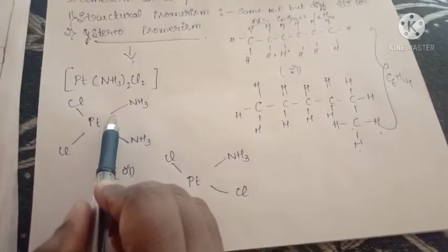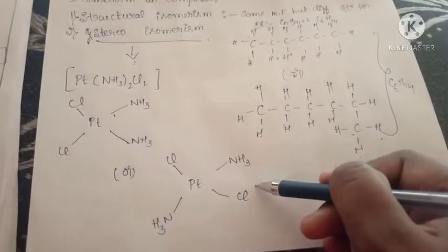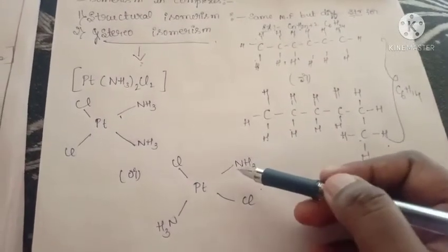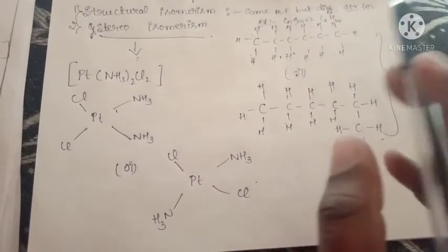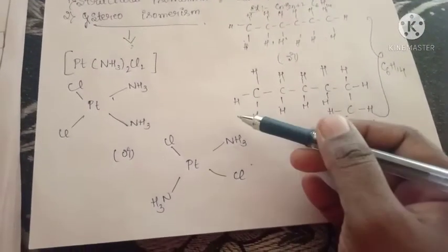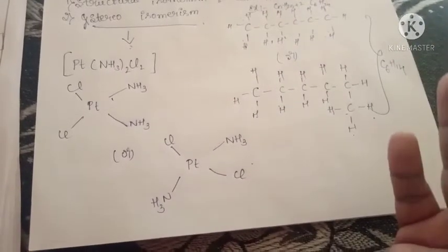You get it? This is the same structural formula, this is also the same structural formula, but here there are different positions of arrangement. It means the groups are arranged differently.